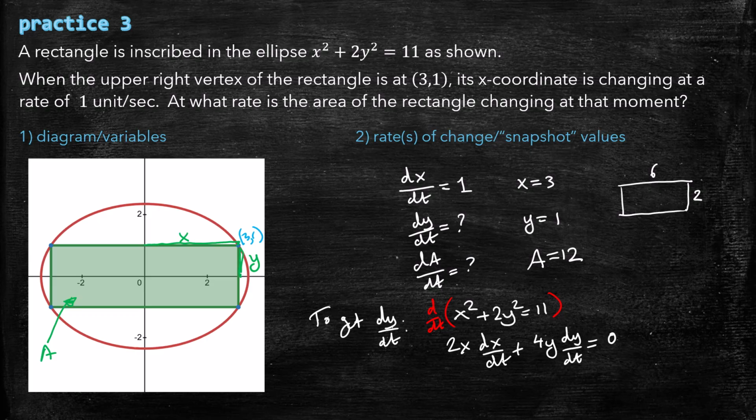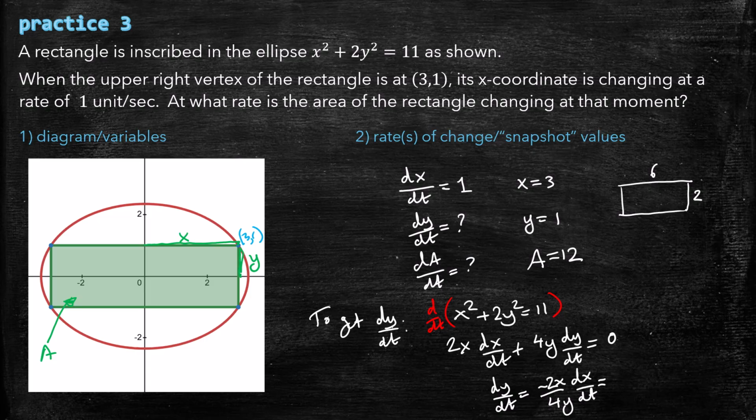Before we plug in, we'll just rearrange that. So dy/dt, if I bring this term to the other side, so negative 2x dx/dt, and then I just divide through by this coefficient 4y, I have a way to relate dy/dt to dx/dt.